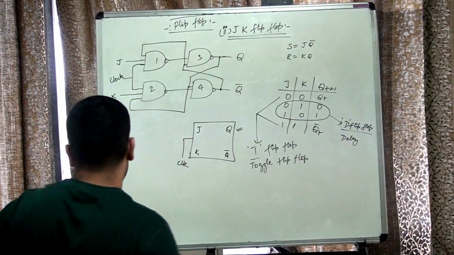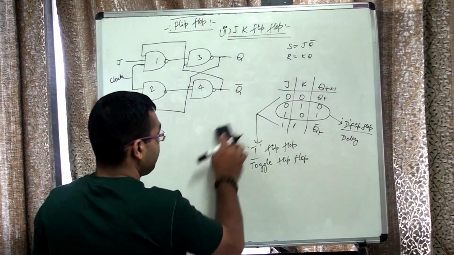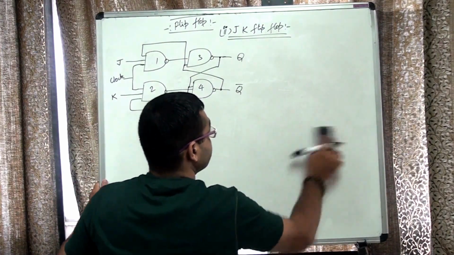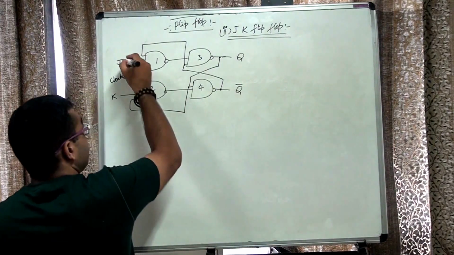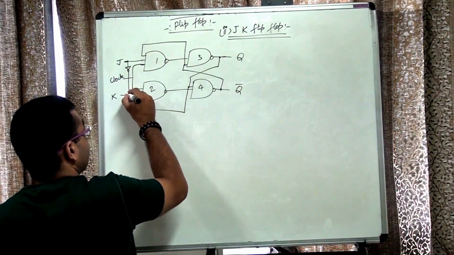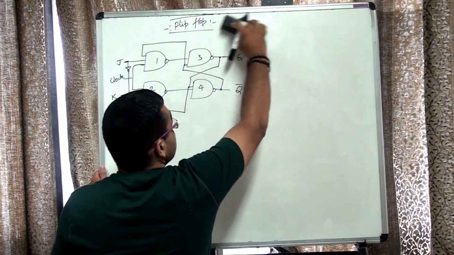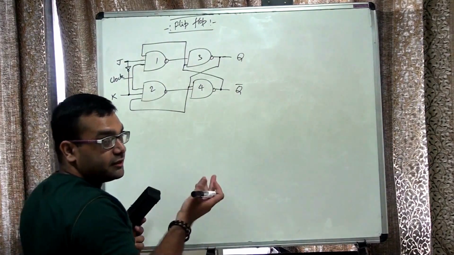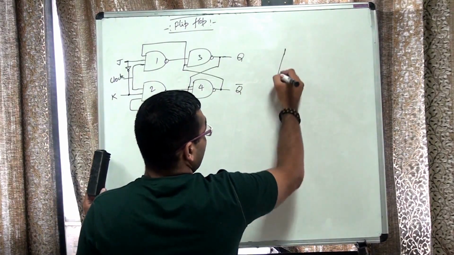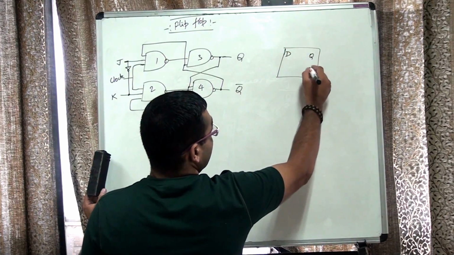Now how do we design these? Simply, the idea is for the design of a D flip-flop we have to complement. J and K have to be complements of each other. So my J-K flip-flop behaves like a D flip-flop. The block diagram is D, this is Q, Q bar, and this is the clock.